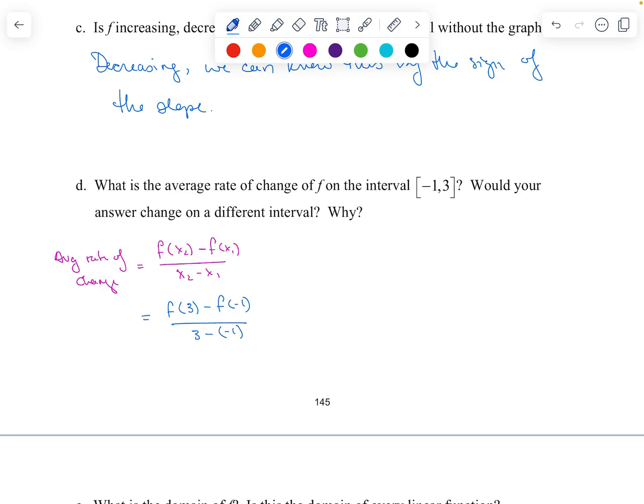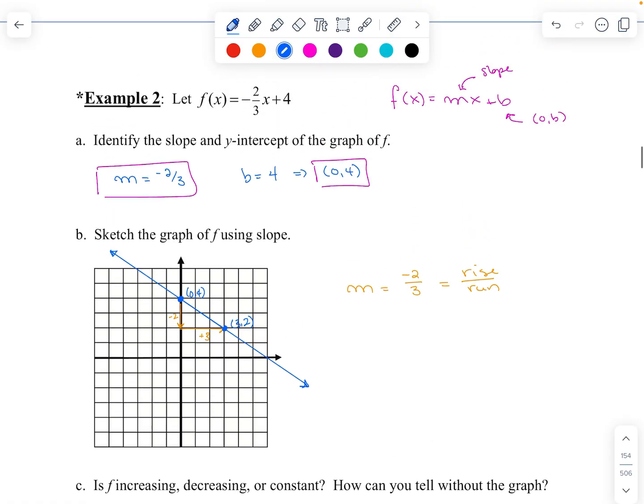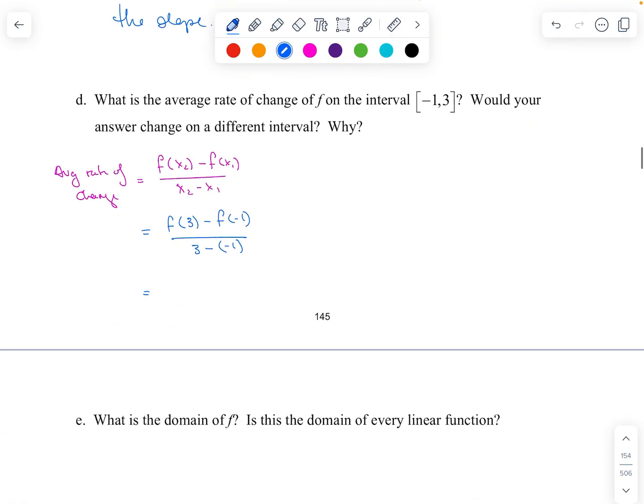So now all I have to do is plug those values into my function to find out what f at 3 and f at negative 1 are. So going back, I have negative 2/3 times 3 plus 4, that's the first one, minus negative 2/3 times negative 1 plus 4, all over 3 plus 1 technically, so we have over 4.